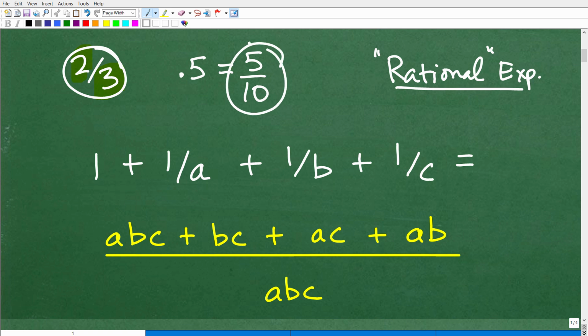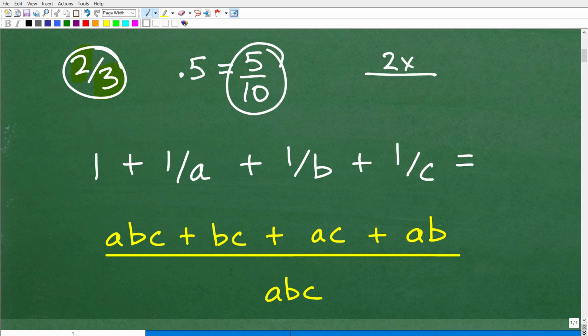Now, when we're dealing with fractions where the numerator and denominator contain variables, we're going to write something like this, 2x over x plus 1. This right here, we don't say this is a fraction. Some textbooks might refer to it that way, but technically that would be incorrect. This is a rational expression.